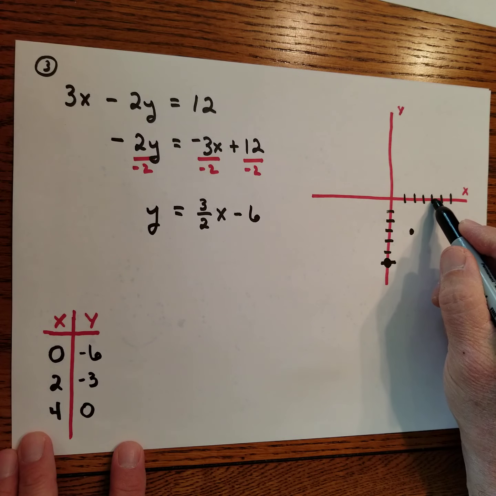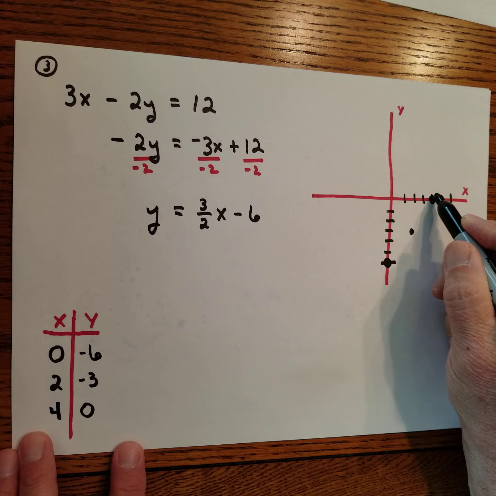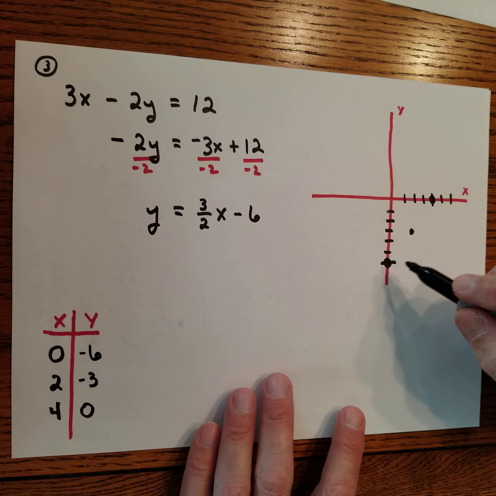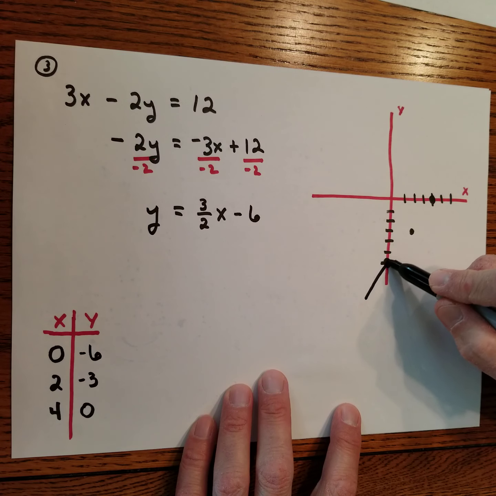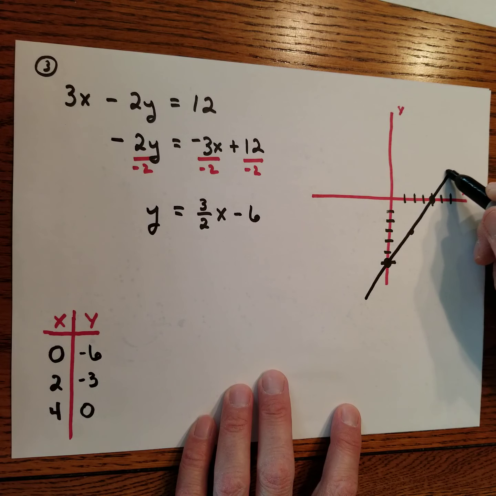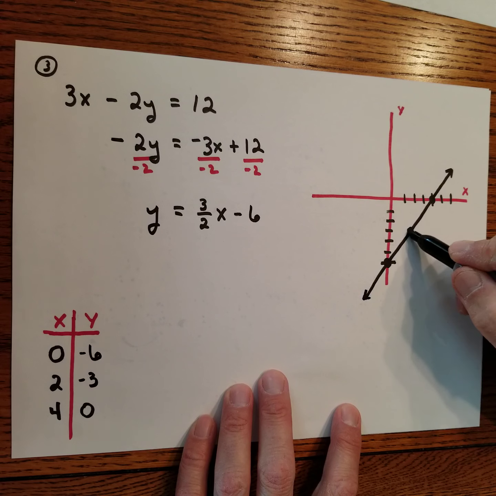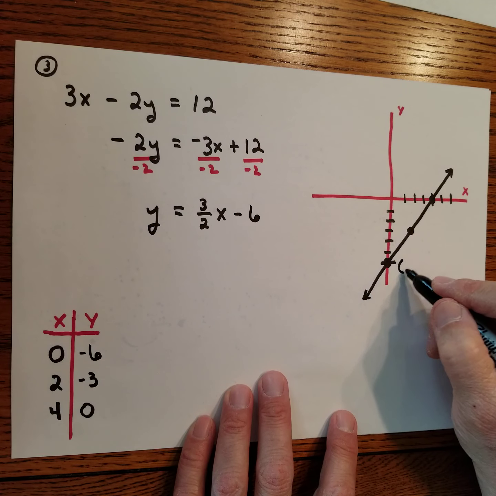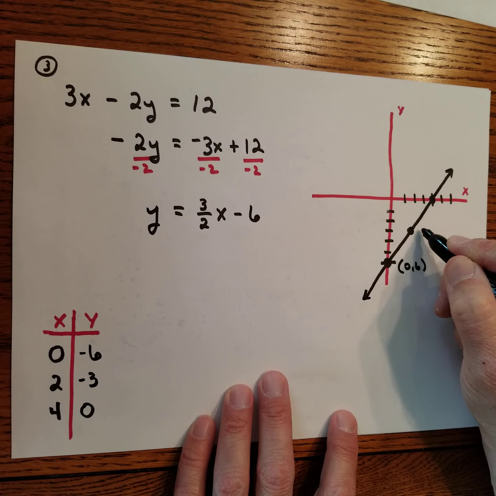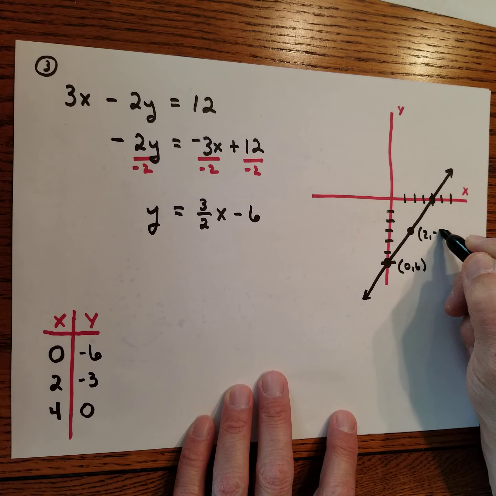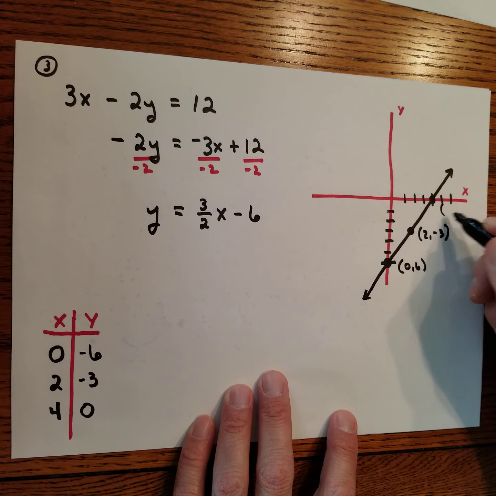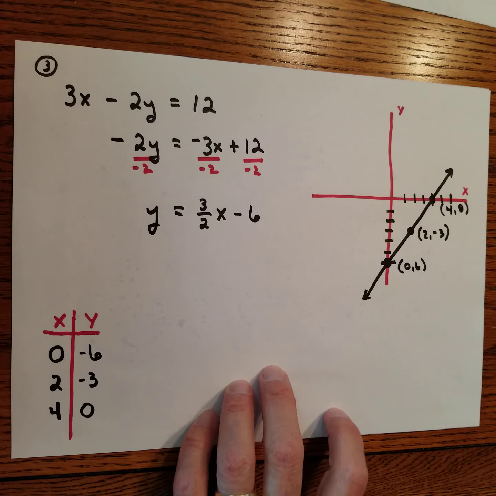That's 4 right, 0 up and down. We'll connect those with a nice straight line. And then label. Great.